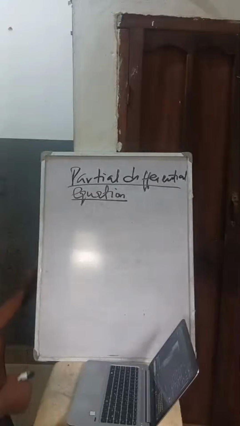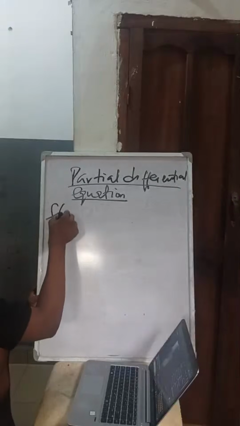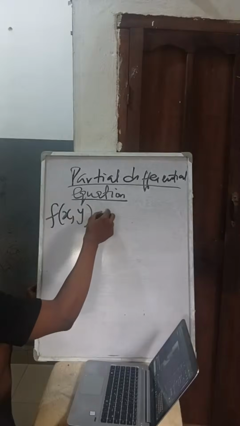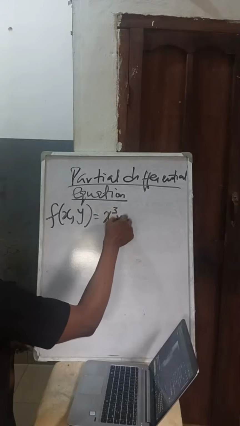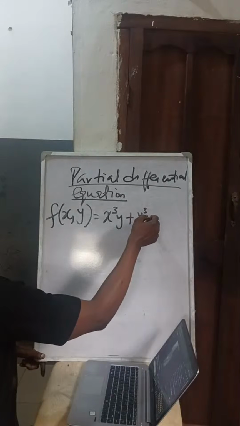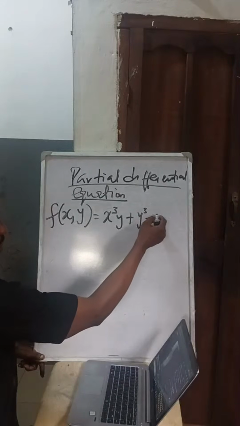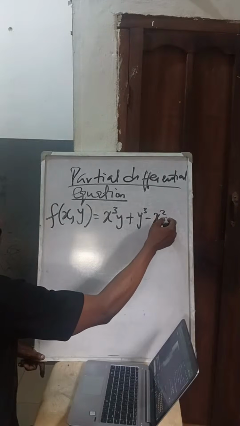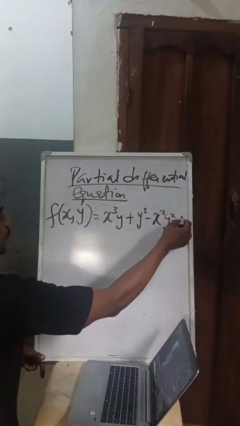Partial differential equation. F of x, y is equal to x cubed y plus y cubed minus x squared y minus 5.